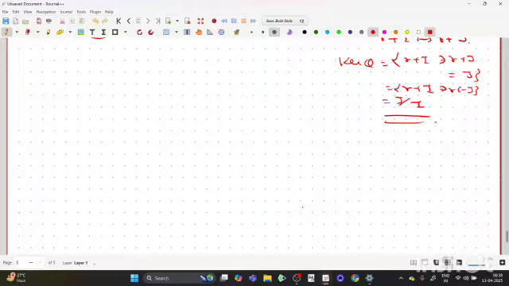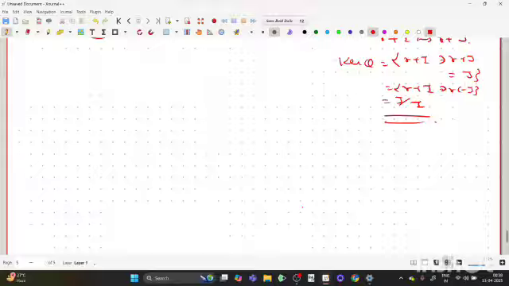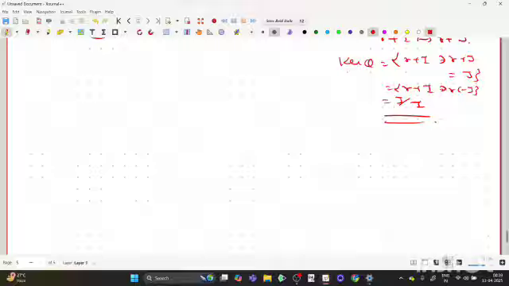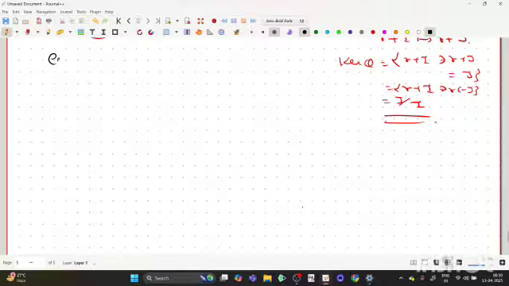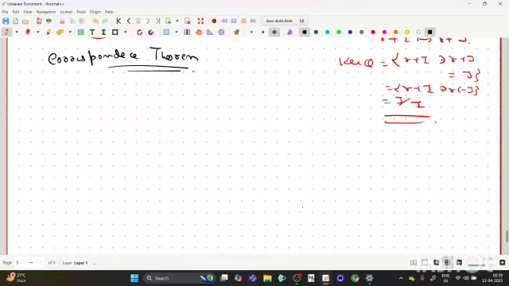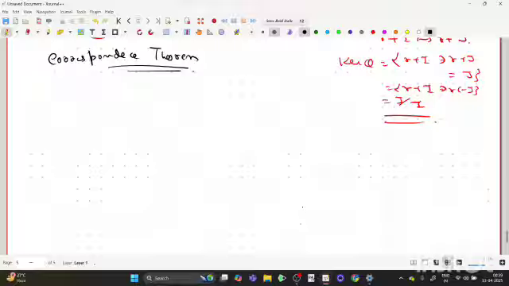Now there is another pretty important consequence of the isomorphism theorems of rings, which we call the correspondence theorem. We will give a detailed proof of the correspondence theorem later. But what it basically says is the following.